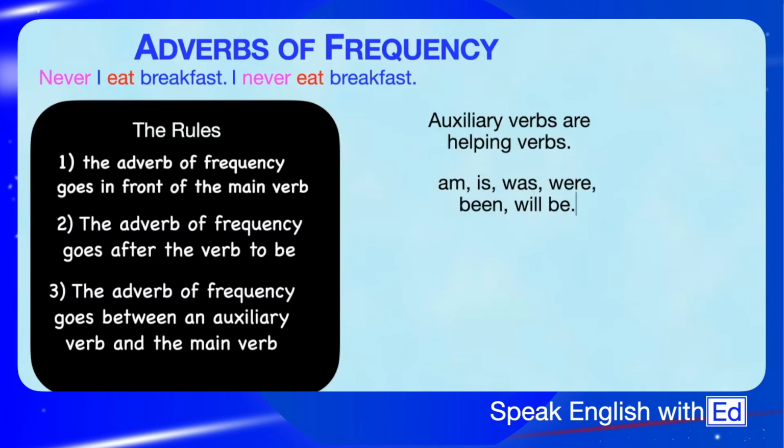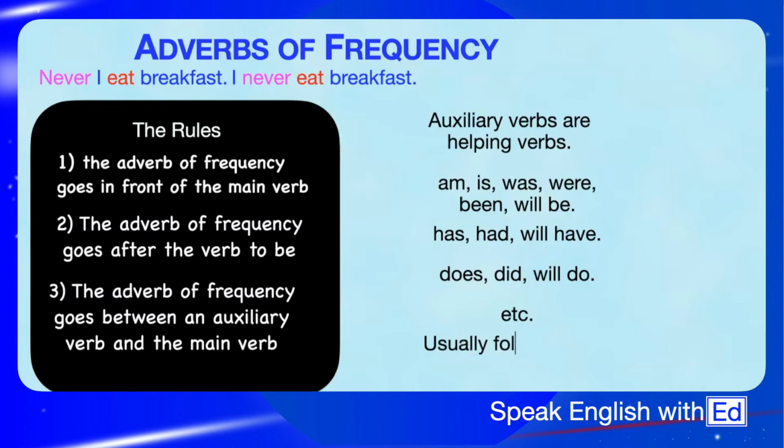They help make more sense of what's going on. So we've got am, is, were, was, been, will be, has, had, will have, does, will do. These are just some of them, but they're the types of words that are helping verbs. They're auxiliary verbs, and they're followed by a verb.